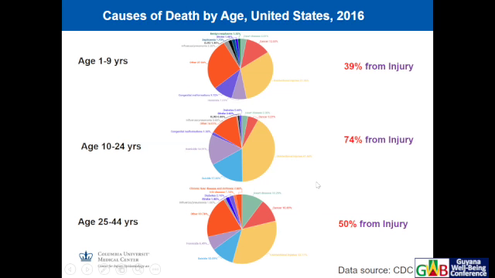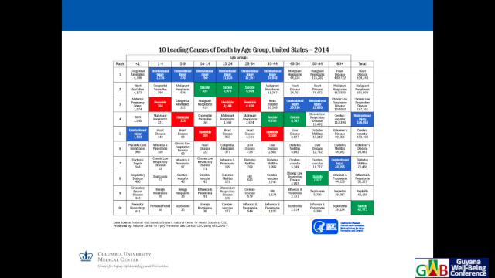And this is not unique to the United States. It's the same case in world industrial countries and increasingly in many developing countries. If you look at the data like this, they are very similar. So this statement is generally true. And if you break down by the leading cause of death and by age groups in more detail, this is United States data, and unintentional injury is the #1 cause of death for people age 1 through 44.